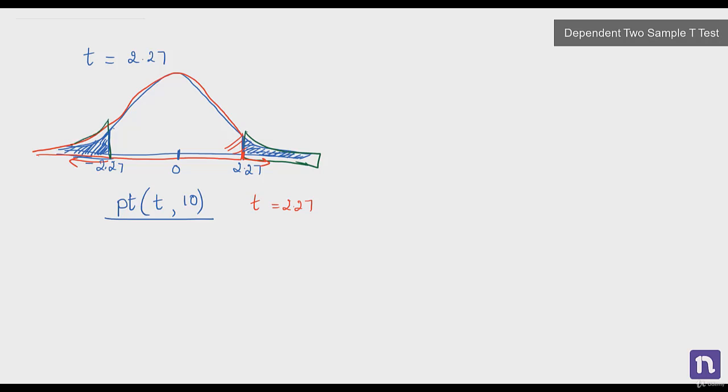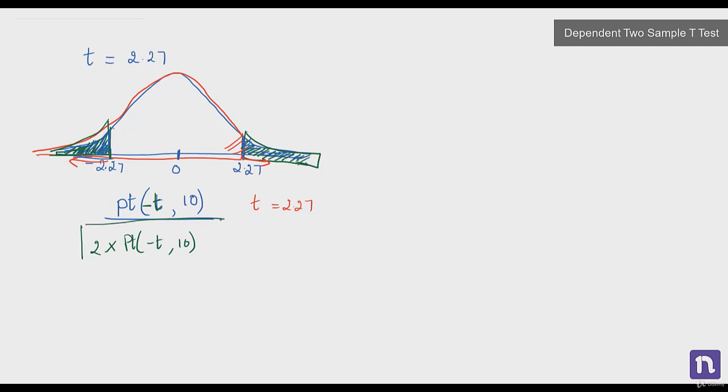To compute that, we need to maneuver it smartly. How do we do that? I take the negative value of t. So pt of minus t and 10 is going to give me this area on the left. Multiplying it by 2 is going to cover both the shaded regions on the left as well as the right.